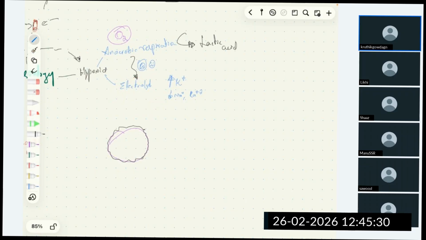We have increased concentration of sodium outside the cell. We have increased concentration of potassium inside the cell. The potassium tries to go out. The sodium and calcium try to come in, leading on to hyponatremia and hypocalcemia. And the potassium comes out of the cell, leading on to hyperkalemia, which is seen in shock.